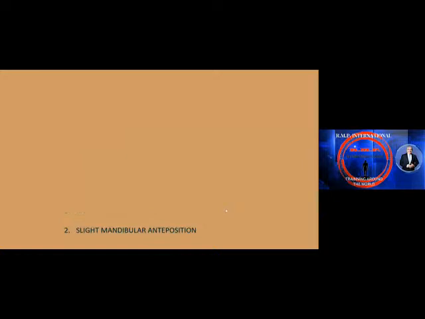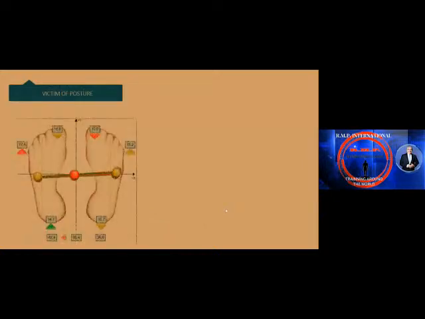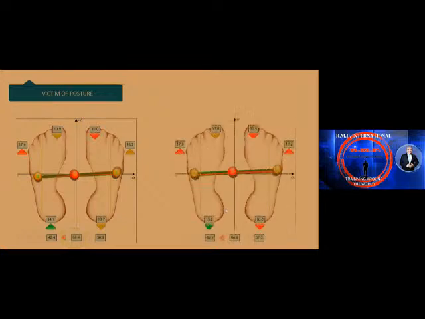Mouth, lateral deviation, and slight mandibular forward position, anterior position. Look here. In this case, without dental victim, you see? So remember to refresh the concept, yeah? And cause, yeah?